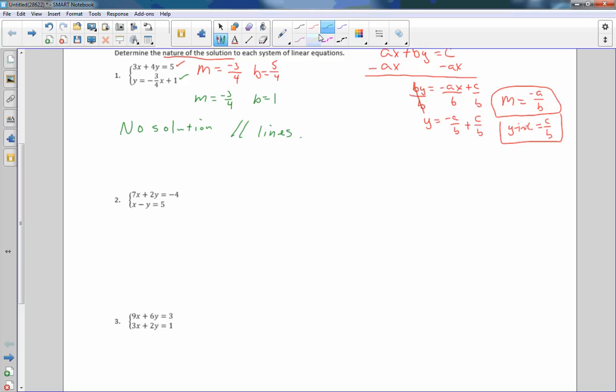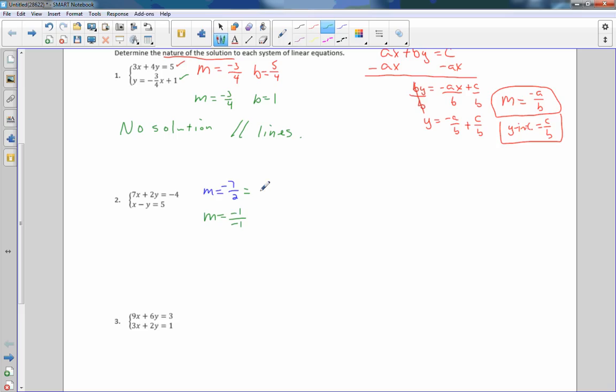Okay, so here's number 2. Standard form, standard form. So m equals negative a over b. And then the second one, m equals negative a over b, which is negative 1.